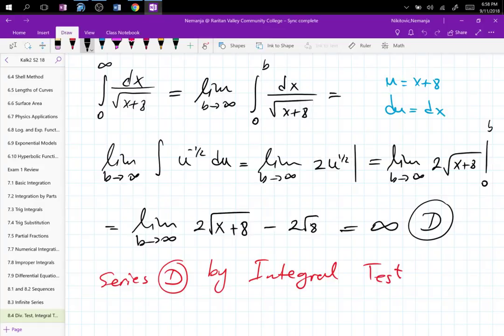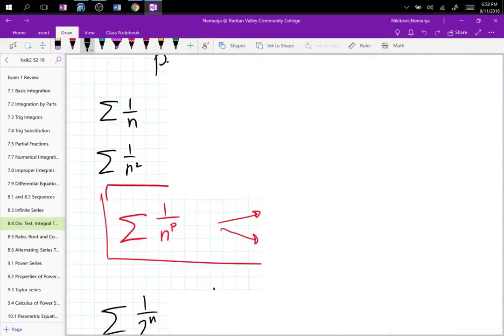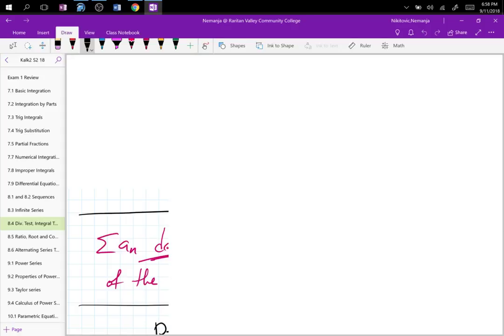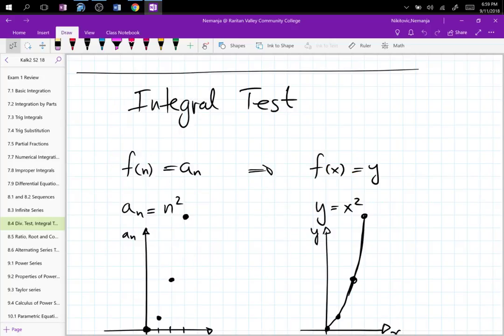Calc 2. This is called integral test. You don't have to understand anything.